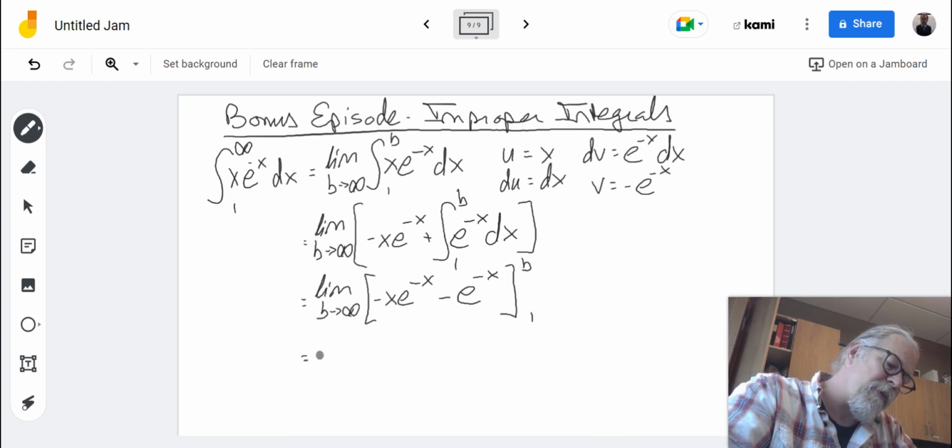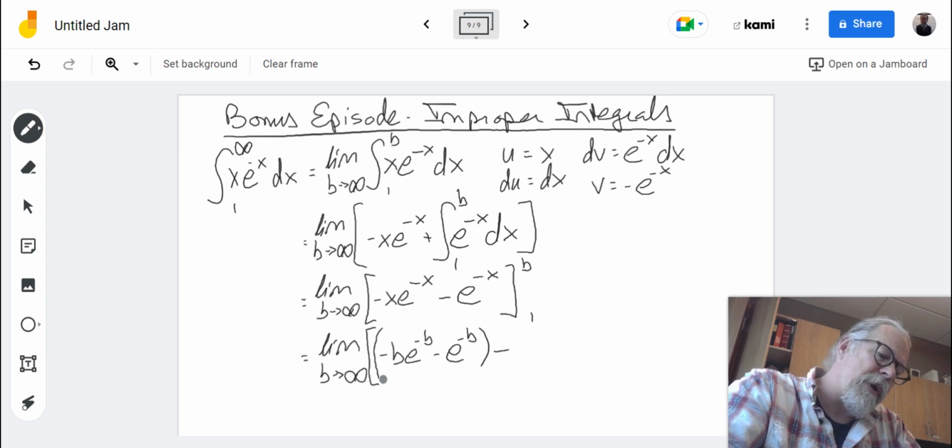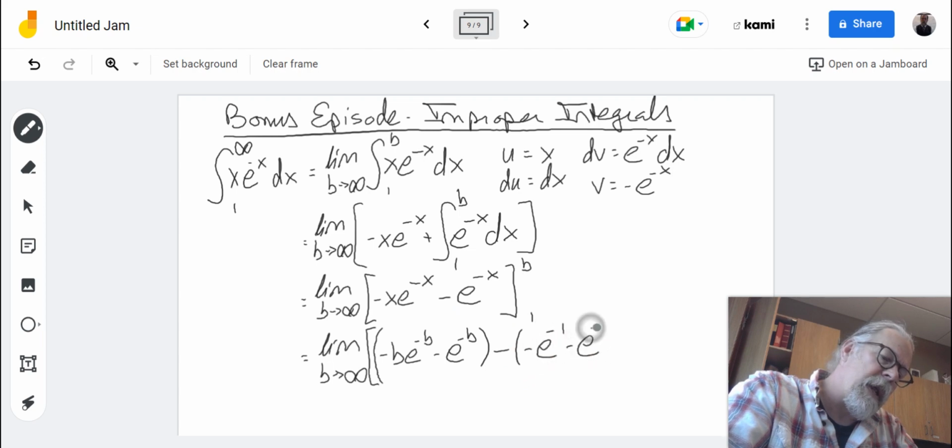Okay, let's do some evaluations. This is the limit as b goes to infinity, and our fundamental theorem of calculus says start with b: negative b e to the negative b, minus e to the negative b, minus, I'll put big brackets around there, and now 1: negative 1 e to the negative 1 minus e to the negative 1.